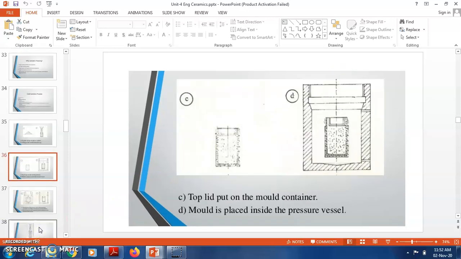Then C, the top lid is put on the mold container. Then the complete mold is kept inside the pressure vessel.